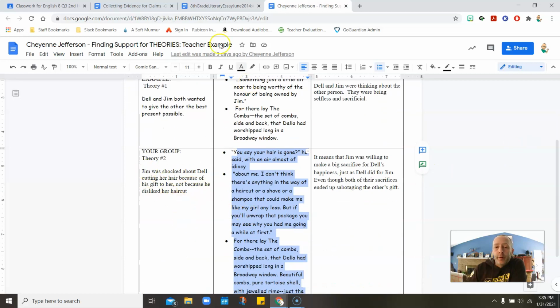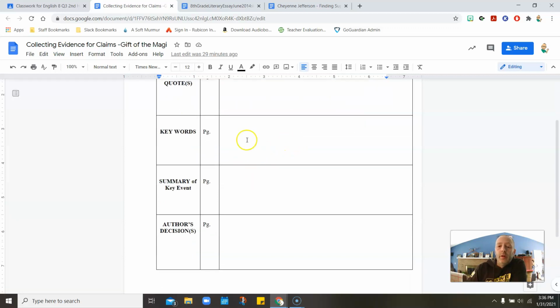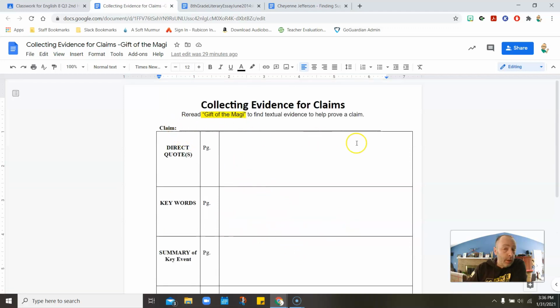She's going to use her theory to come up with a claim that she can write up here. Now, her claim has to be something that she can use information from the text to support. So she's going to have to come up with some quotations, some keywords to support her claim. She's going to have to summarize that key event. And then what are some things the author did that could help her support her claim? So that's one thing you guys have to do.